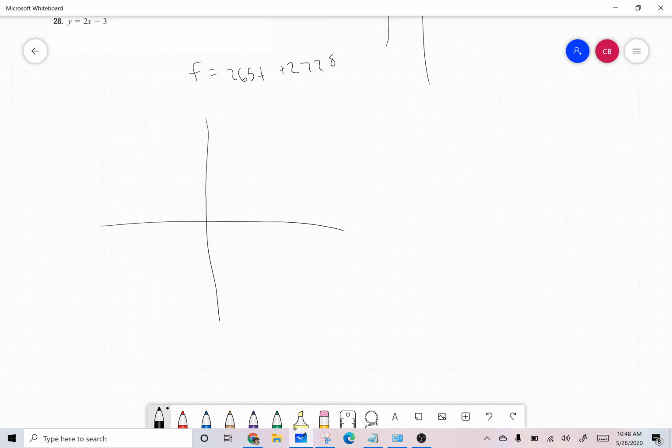Let's pretend these are thousands now. 1,000, 1,000, 1,000, 1,000, 1,000, 1,000. So to do this one, it's going to be a lot less precise, but we'd probably want to use a graphing calculator or something. So 2728 somewhere up here. And if we're going to go up 265, that's not very much. I mean, that might be up to about 3,000.